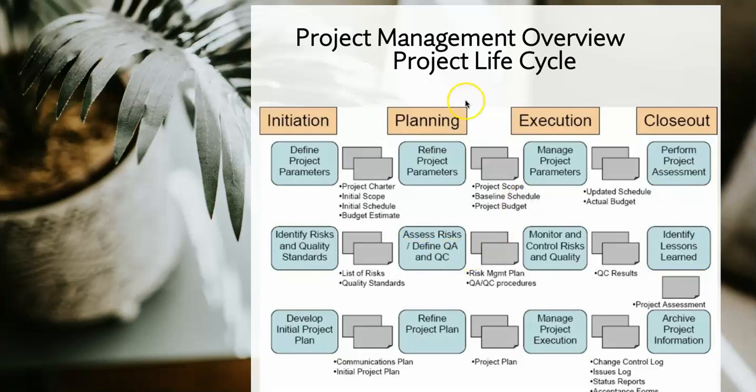So you assess the risk and define the QA and then the QC procedures, or quality assurance procedures. So once this is done, you refine your project plan again and you are set to go.